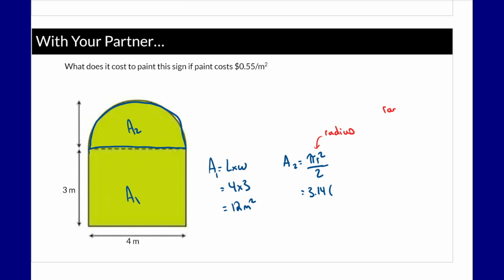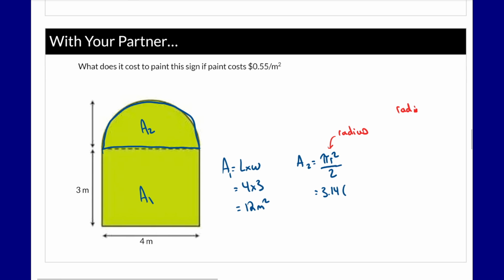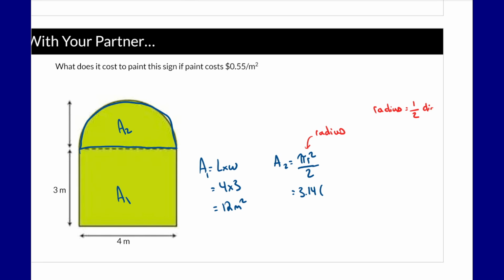So pi, or 3.14, times r squared, and the radius is equal to half the diameter. In our case, the diameter is 4, the distance across is 4, so the radius is equal to 2.